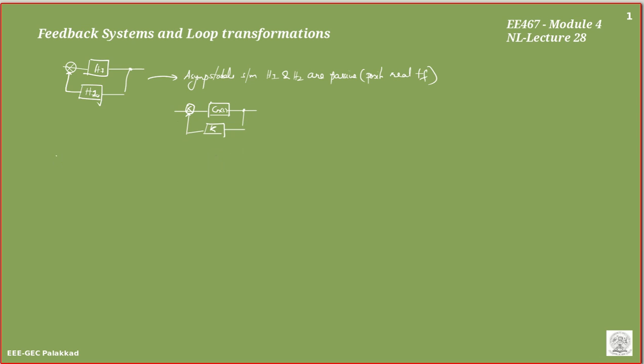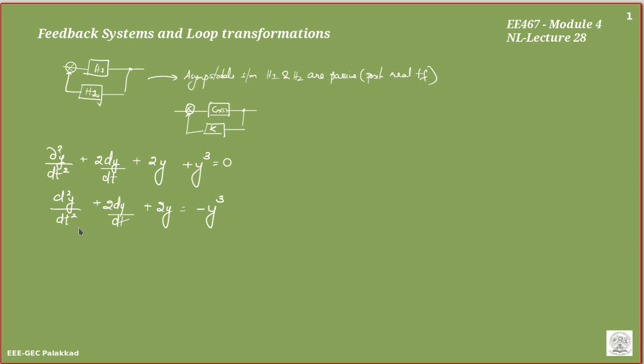Let us consider an example here: d squared y by dt squared plus 2 dy by dt plus 2y plus y cubed equal to 0. I can write this as d squared y by dt squared plus 2 dy by dt plus 2y is equal to minus y cubed.